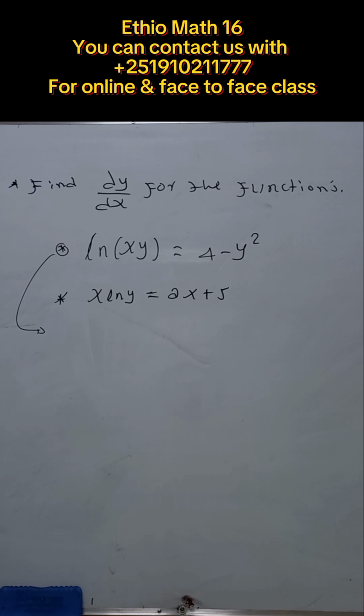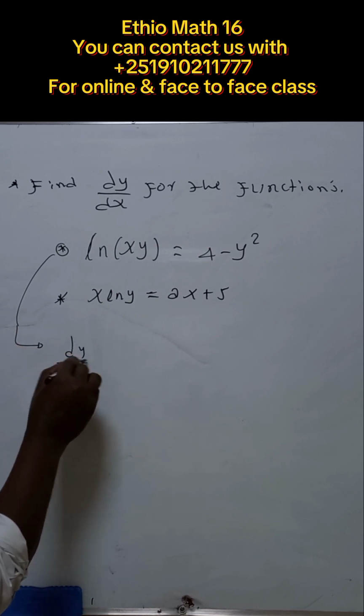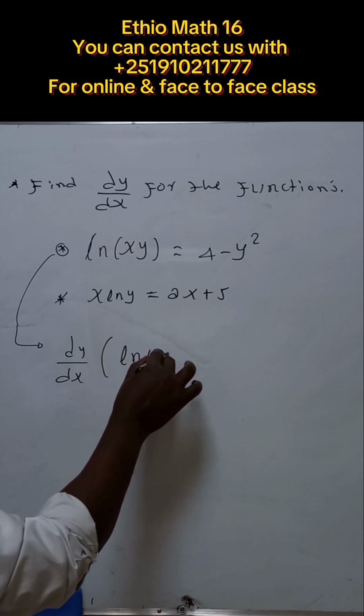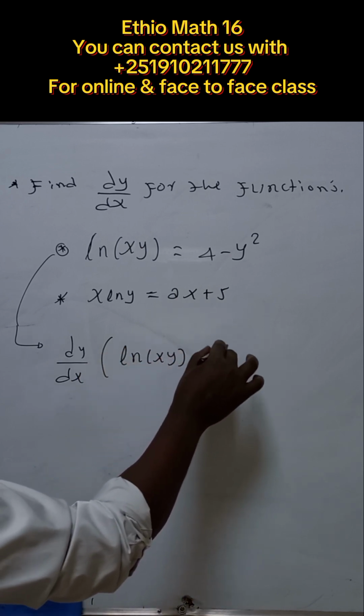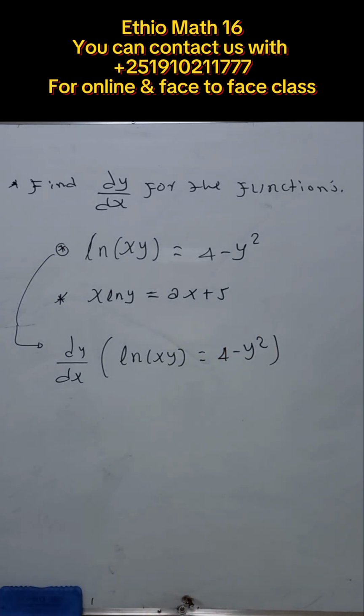In order to find the derivative of this problem with respect to x, let's say d/dx of both sides, so d/dx of ln(xy) equals 4 minus y squared. Let me find the derivative of this function with respect to x.